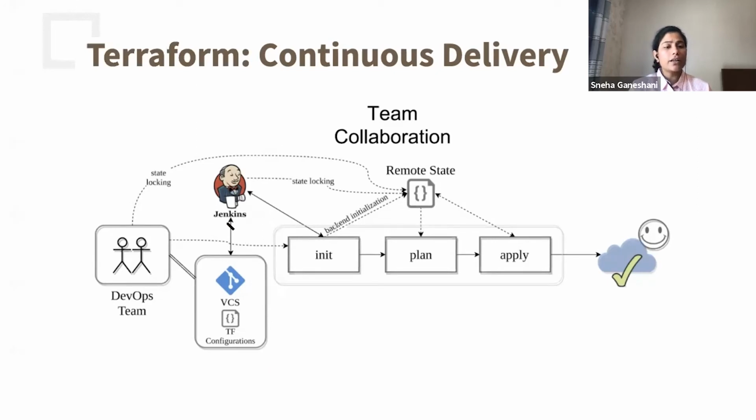You can configure your pipeline to download the code from your modules repository and also from your repo where you have stored your source code. So once you execute the pipeline, Jenkins server will run all the commands like init, plan, and apply, and you don't have to run your Terraform changes from your local machine.